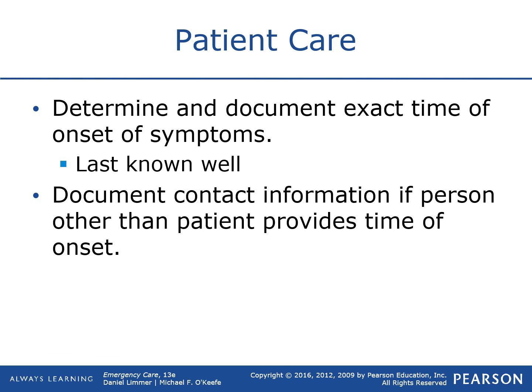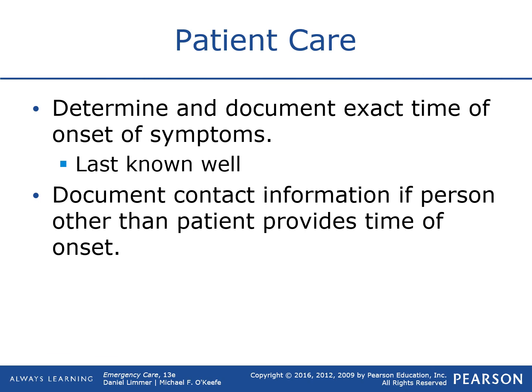So if you have a patient who lives on their own and family checks in on them, and family was there at 8 p.m. the previous day, and they came in at noon on the next day, and the patient's having stroke-like symptoms, your last known well was 8 p.m. on the previous day. Even though the stroke may have started an hour prior, so it started at 11 a.m. that day, our last known well is 8 p.m. the previous day. So that is a critical measure that you need.